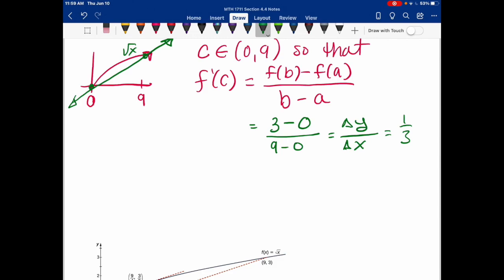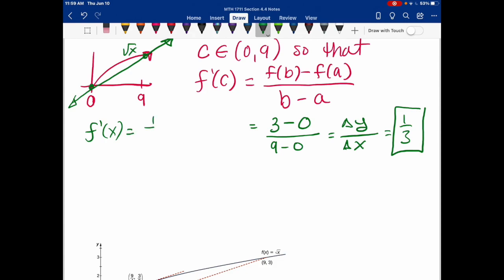So now what we need to do is find the derivative of f and find the value of c that I would plug in to get a slope of 1/3, because the mean value theorem says somewhere on that graph between 0 and 9, there has to be a point c that has the same slope of 1/3.